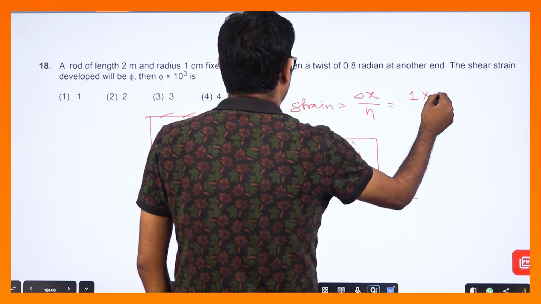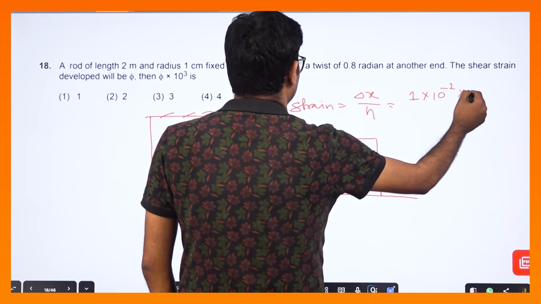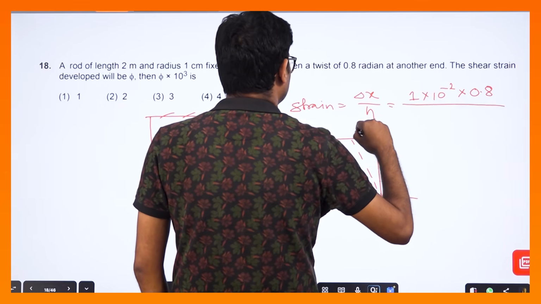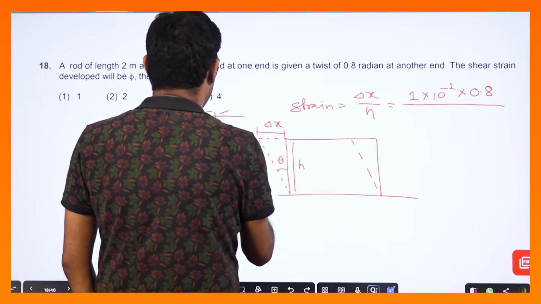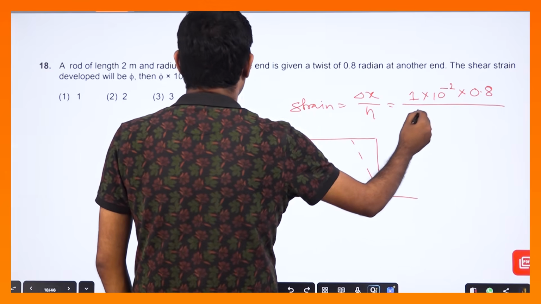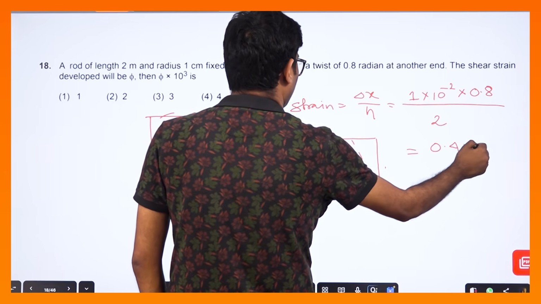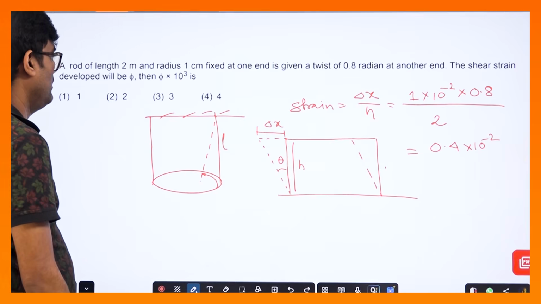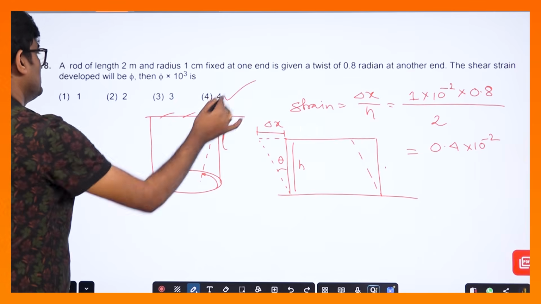So 1 into 10 power minus 2 into theta, theta is equal to 0.8, divided by height h, which is the length of the rod. This is 2 meter. So your answer is 0.4 into 10 power minus 2. So it is 4 into 10 power minus 3. Right. So the question is 5 into 10 power 3. So the answer is 4.